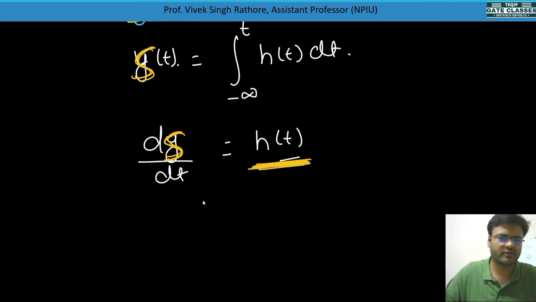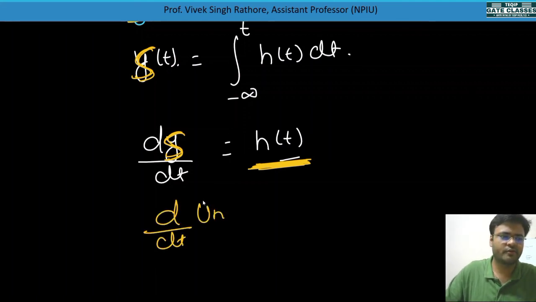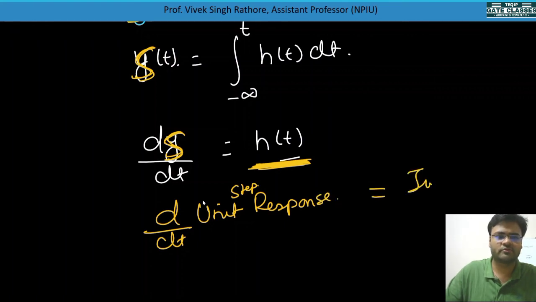Impulse response is nothing but the derivative of your unit step response. In words, d by dt of the unit step response will be equal to the impulse response.